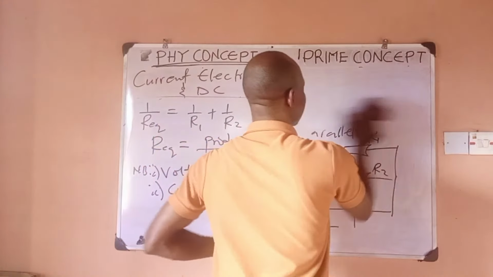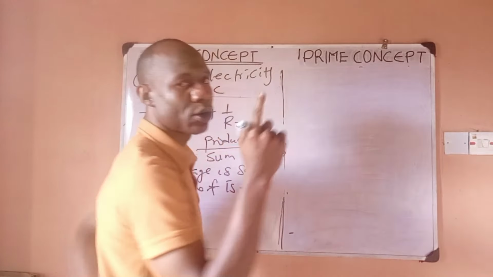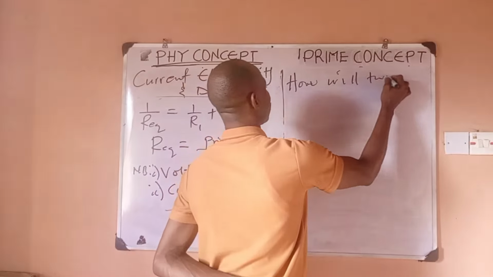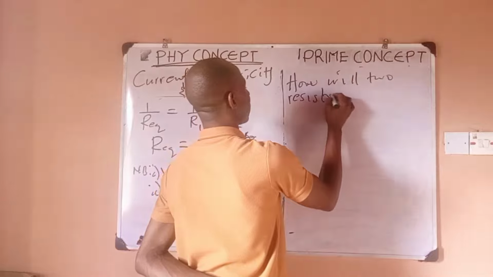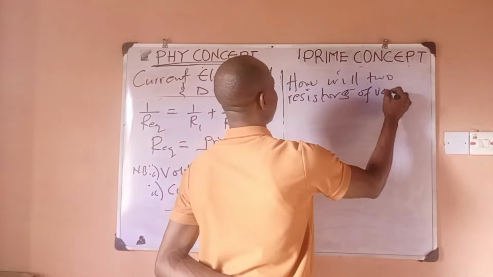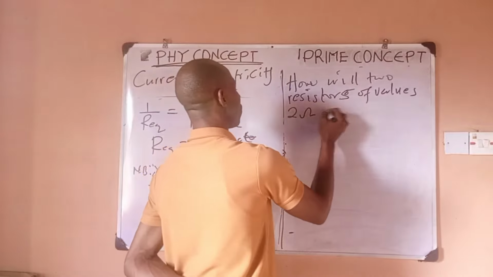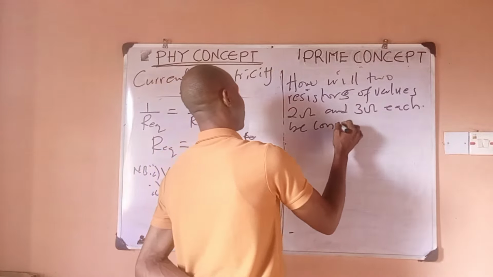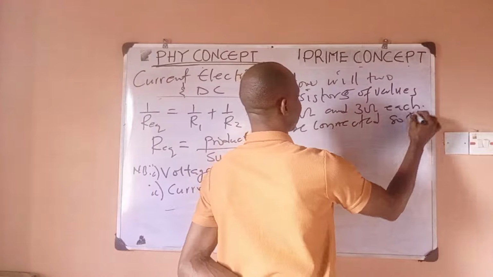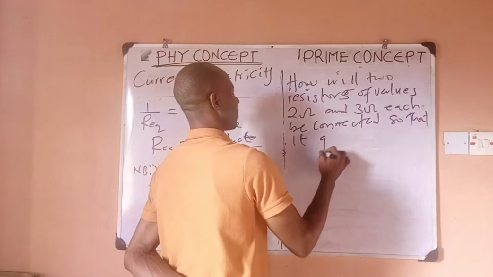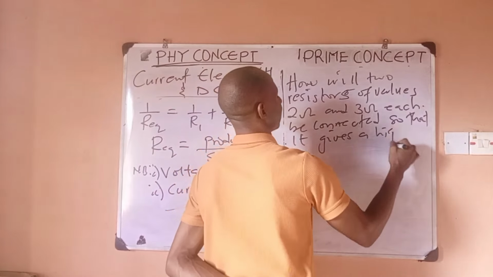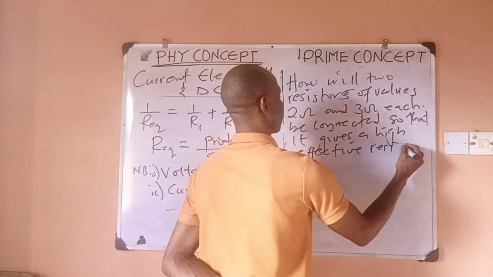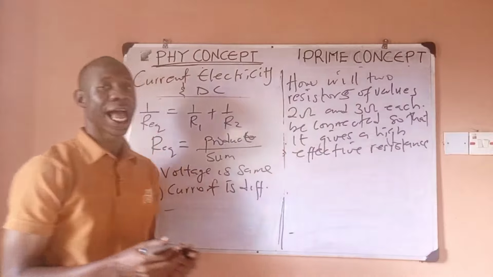Now, if you understand, tell me, I will give you a question: how will 2 resistors of values 2 ohms and 3 ohms each be connected so that it gives a high effective resistance?